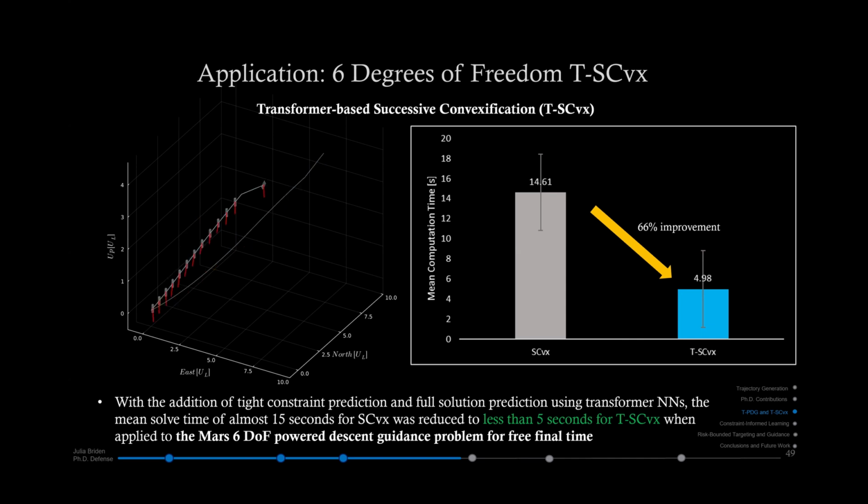We specifically applied this to Mars 6 degree of freedom powered descent guidance to get these results. And then the GIF shows the series of convex problems that converge to our optimal solution that corresponds to SCVX.